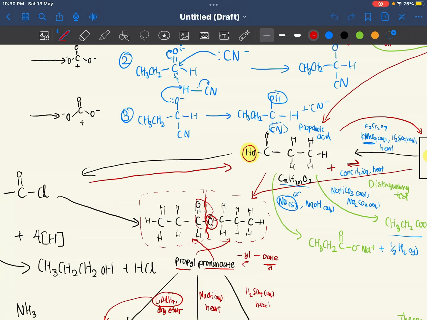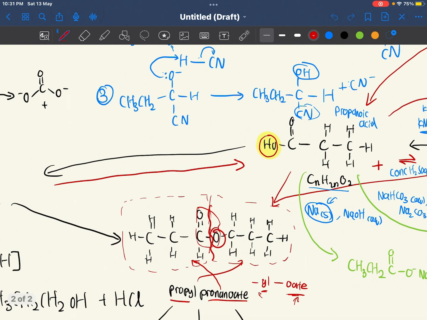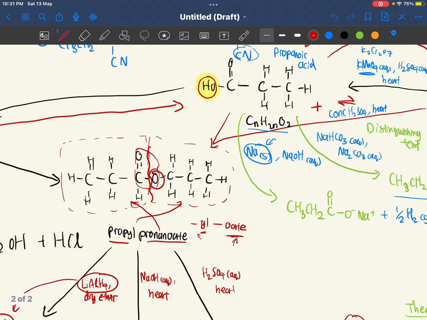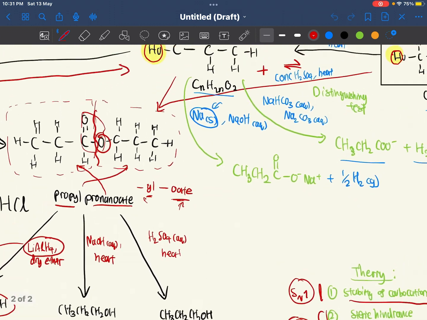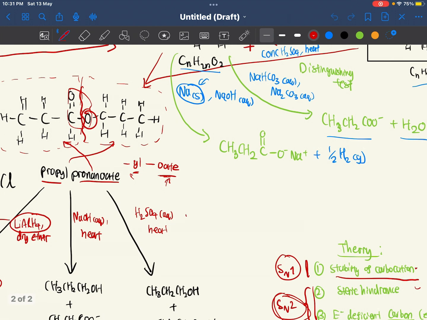Okay, so retracing our steps, let's go back to our carboxylic acid. What are the reactions that it can undergo to form products? Let's go back. If you recall, the formation of an ester from a carboxylic acid and an alcohol is a reversible reaction. So for example, I have CH3OH and I have an ethanoic acid.